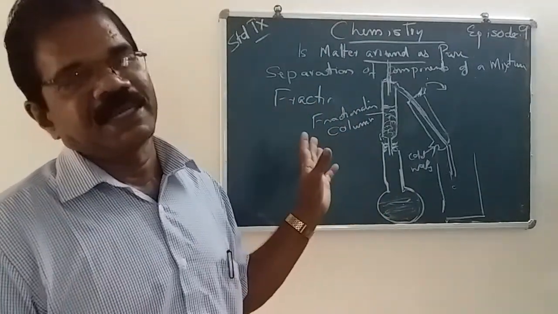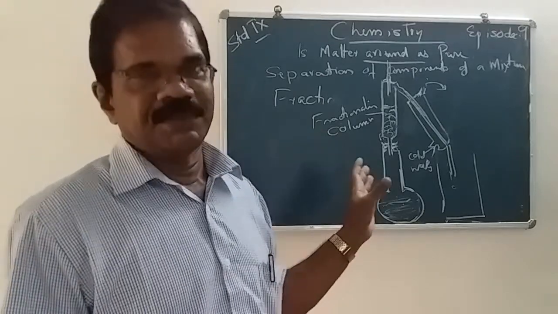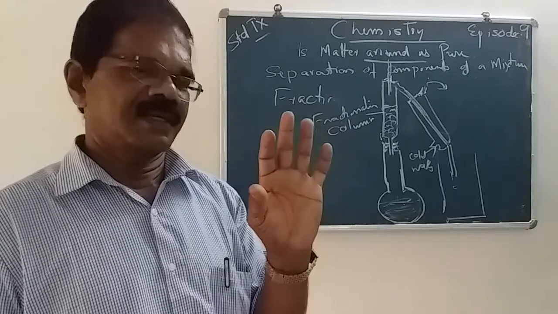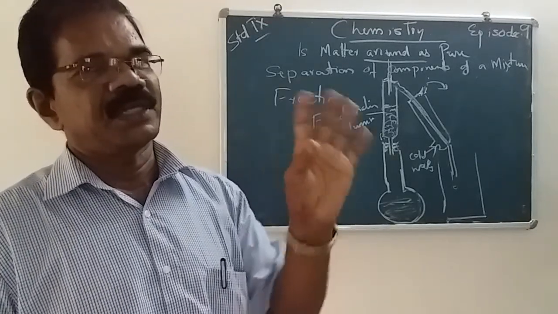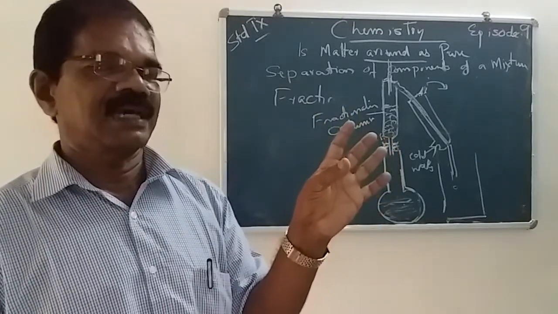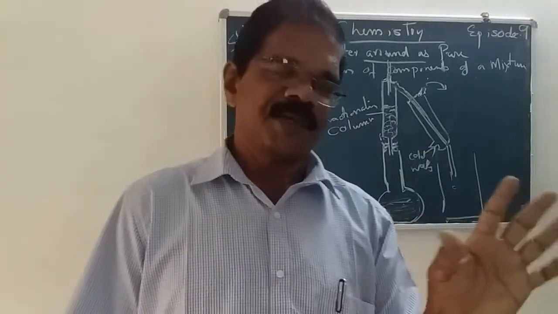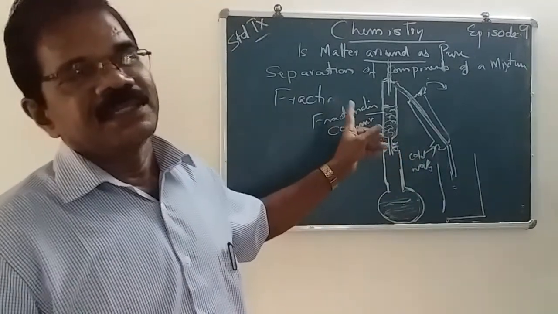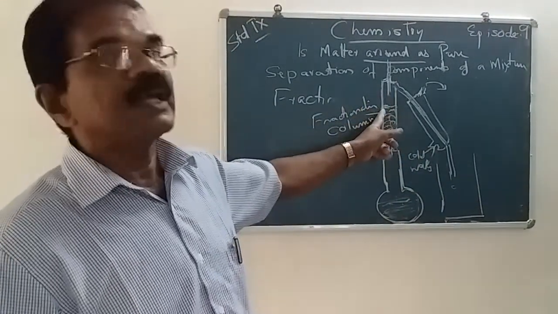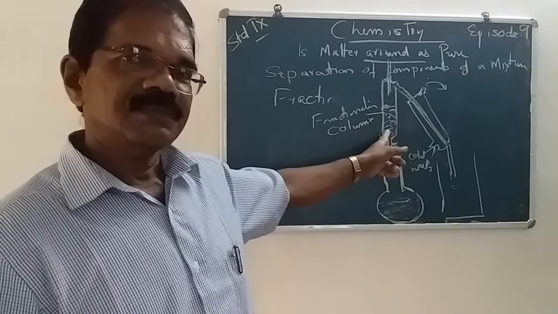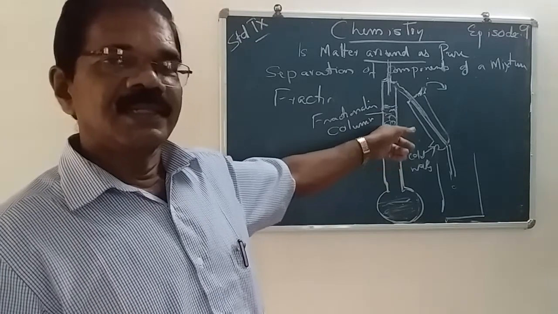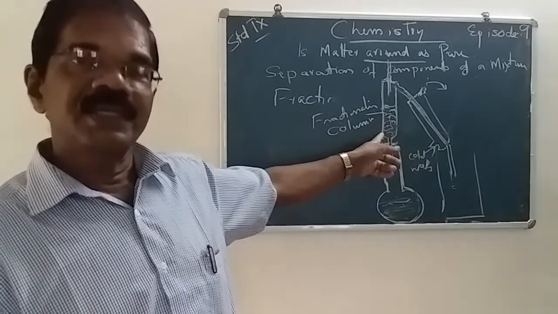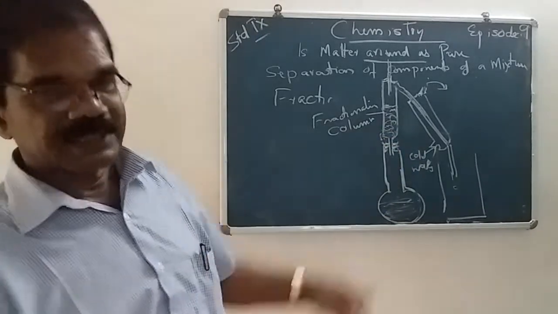Example, separating the components of petrochemicals. Distillation, where the difference in boiling points is above 25 degrees centigrade, example, acetone and water. Fractional distillation, the only difference in the instrument is that a separate fractionating column is attached to it. When the difference in the boiling points of the miscible liquids is below 25 degrees centigrade, fractional distillation is used.